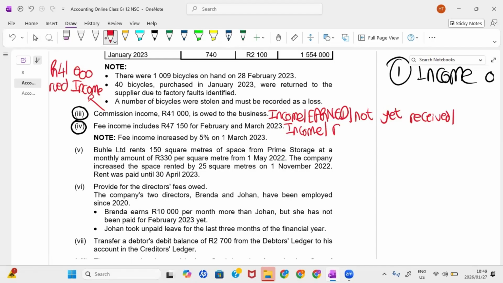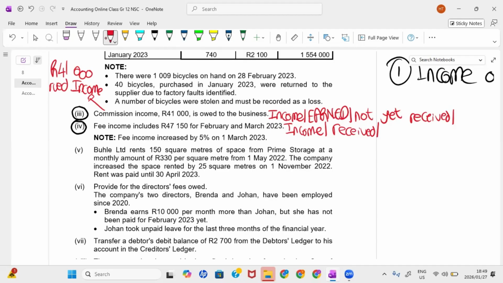So it is income received in March 2023. However, we are not in March with regards to this question. We are in the current financial year. But we already received something for the future.